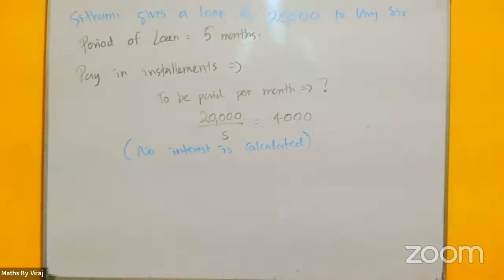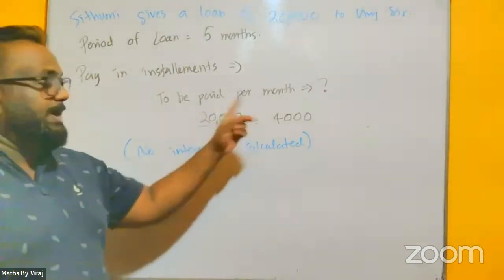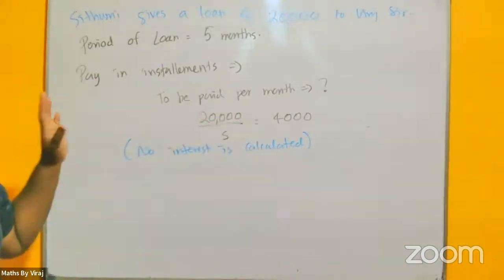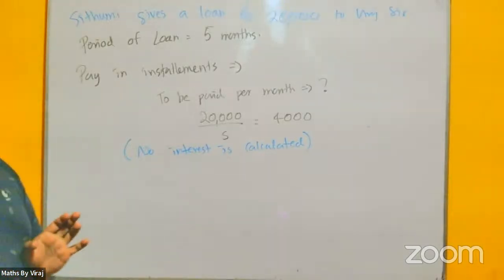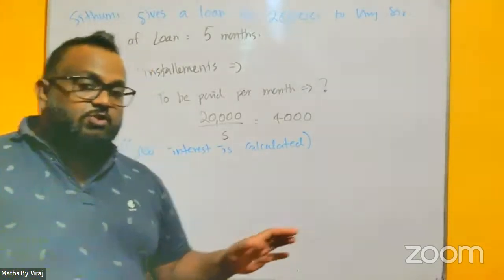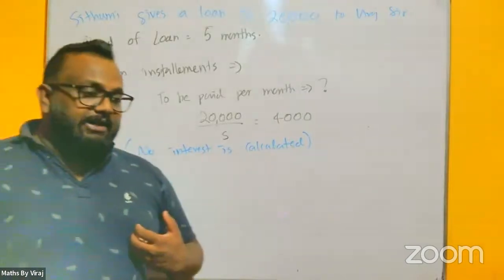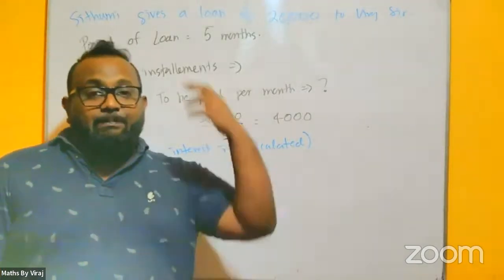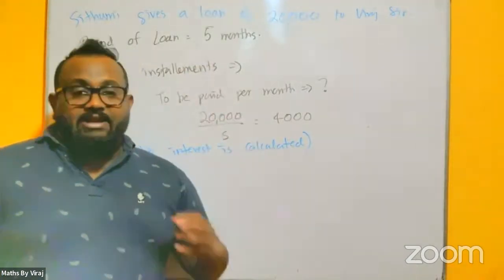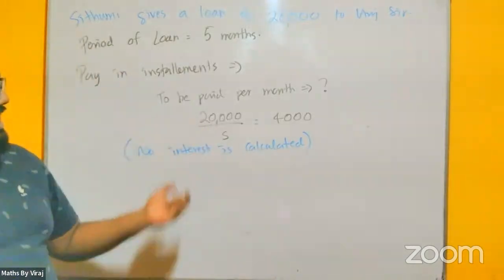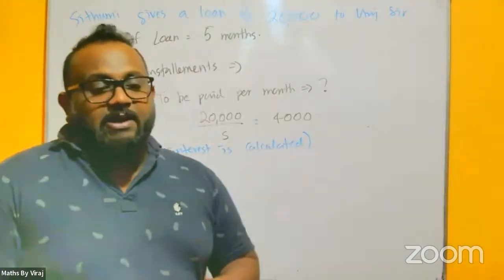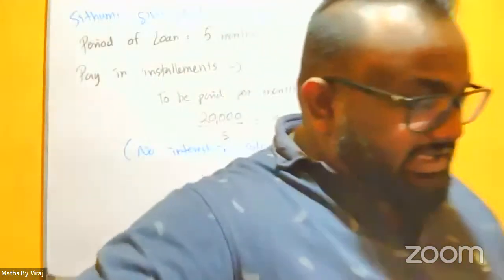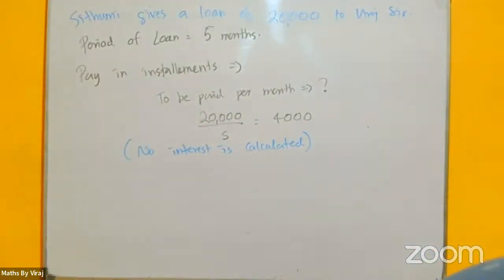Therefore, I should pay 4,000 per month. This is a very easy calculation which shows that if a loan is repaid without any interest, then I'll have to pay 4,000 per month. Right. Take this down. Very simple and very easy.